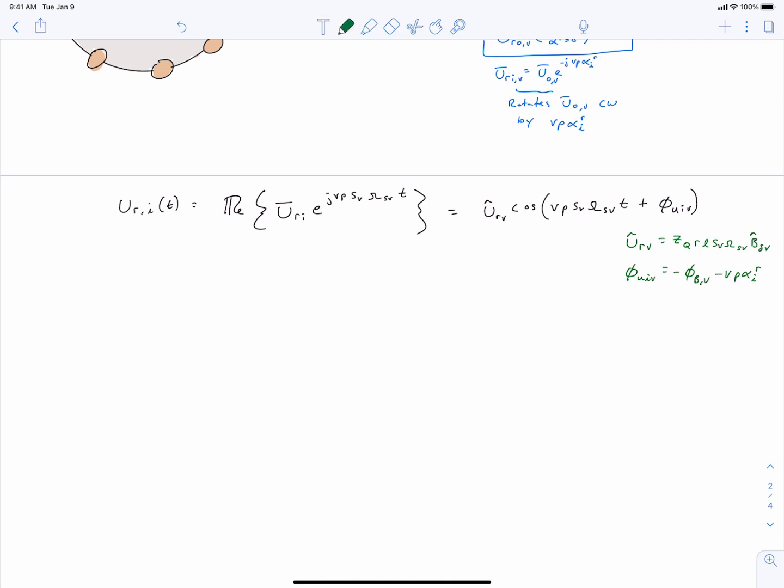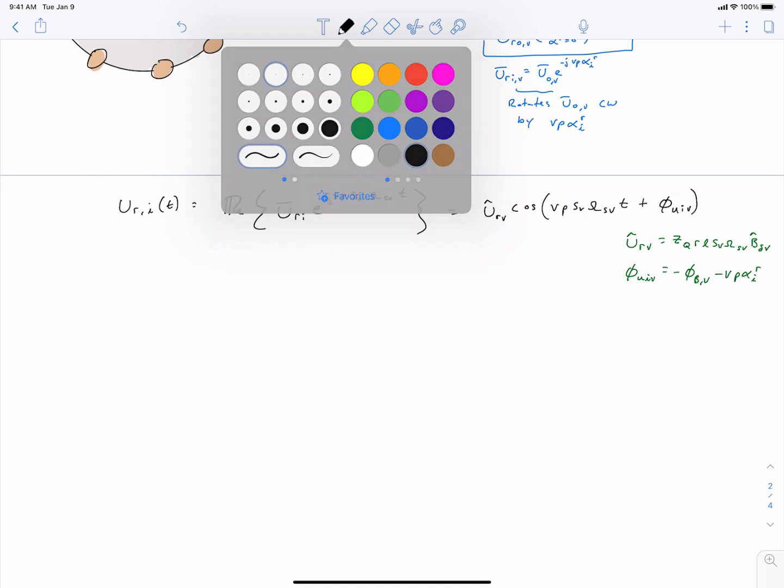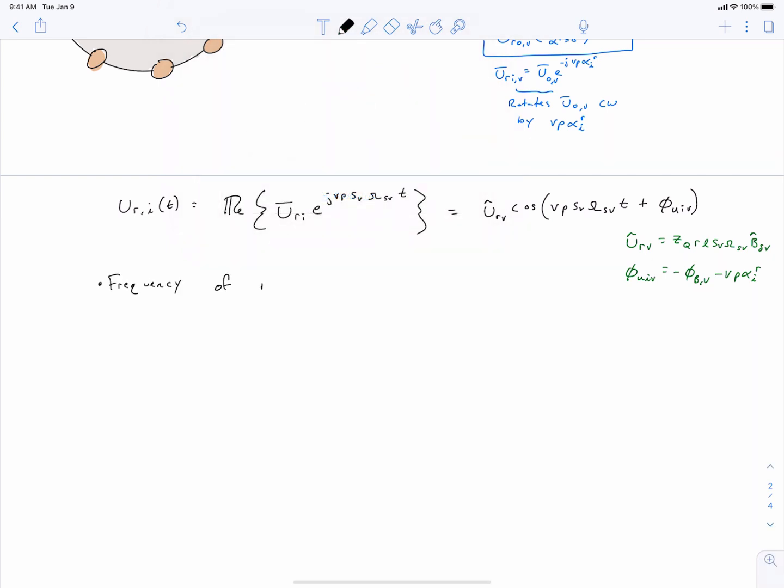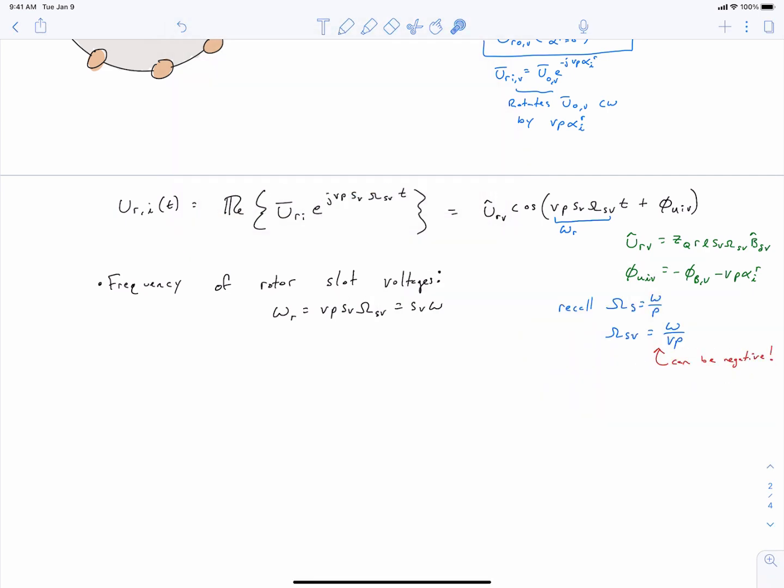And we can comment on the frequency that we're seeing for our rotor voltages. So the frequency of our rotor voltages is this term right here, which we can write out down here. And recalling that omega sv is simply this expression over here, and at a harmonic we end up with a v in the denominator.